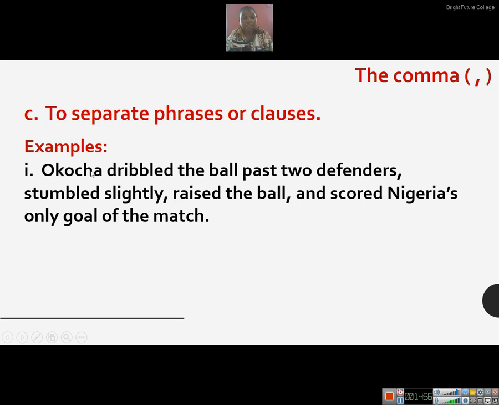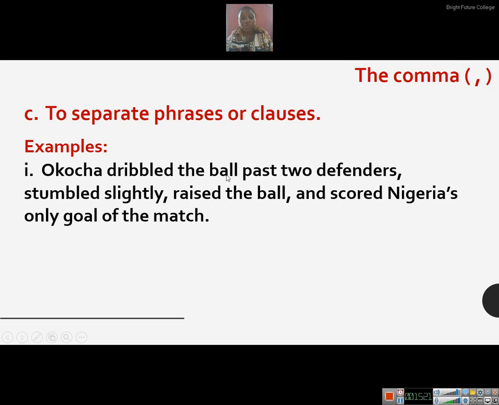For example, I have: Okocha dribbled the ball past two defenders, stumbled slightly, raised the ball, and scored Nigeria's only goal of the match.